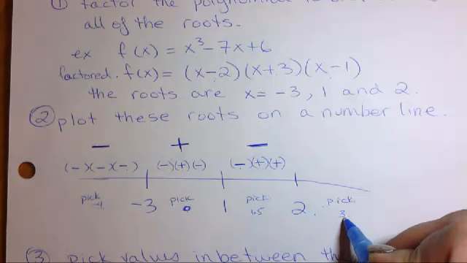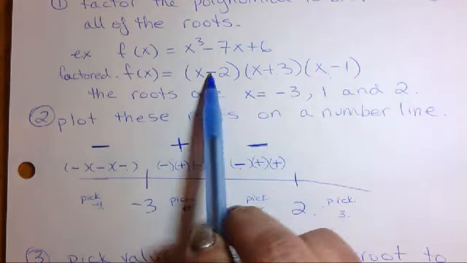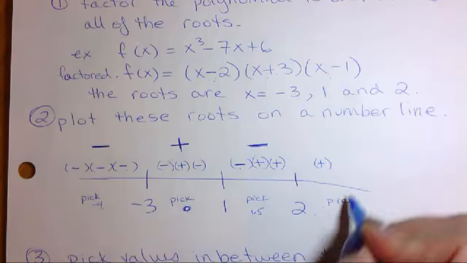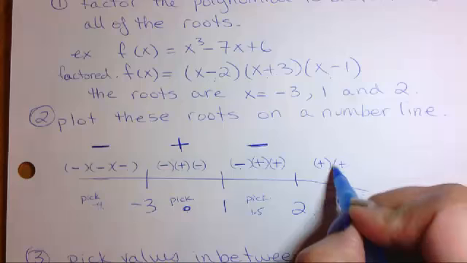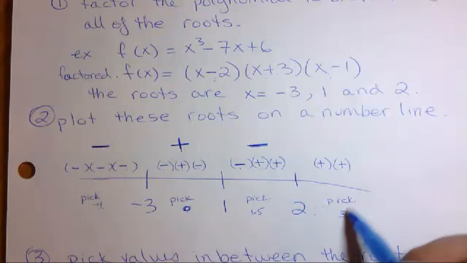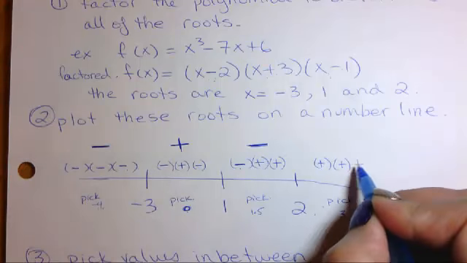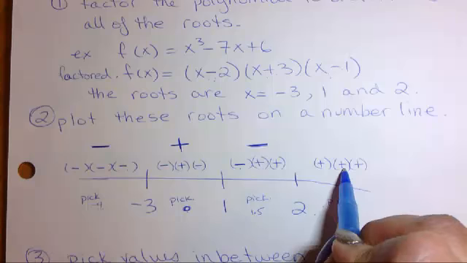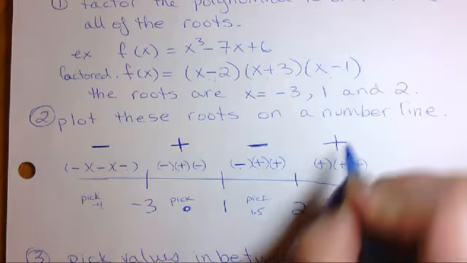We've chosen the number 3 because it's bigger than 2. I plug it into the first bracket and get a positive value, into the second I get a positive, and into the third bracket again a positive value. So positive times positive times positive ends up as positive.